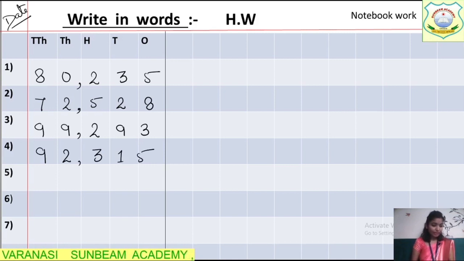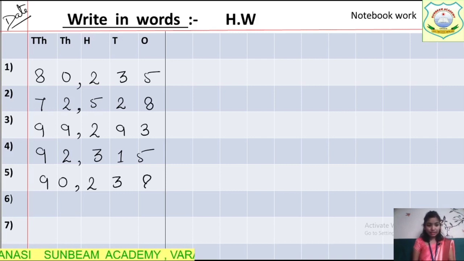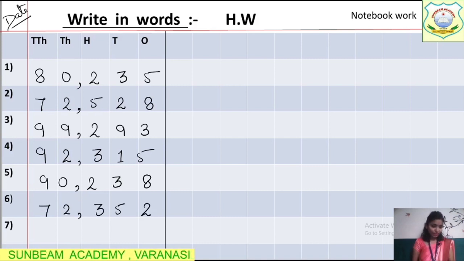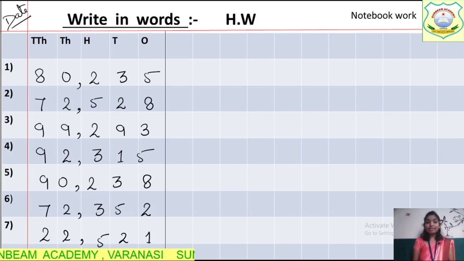All right. Next 90,238. Next 72,352. Next 22,521. This is your homework.